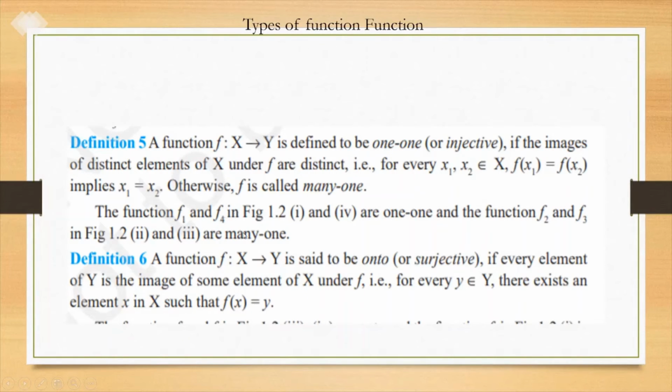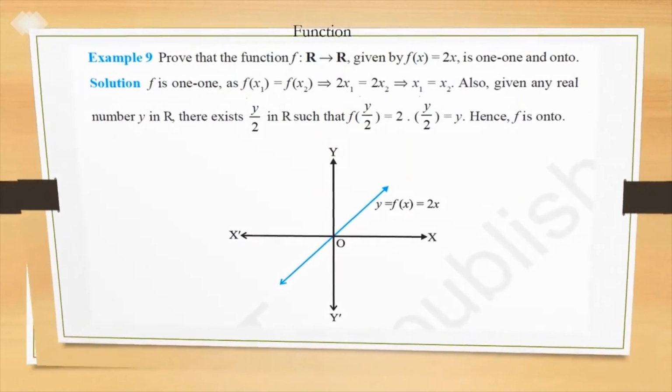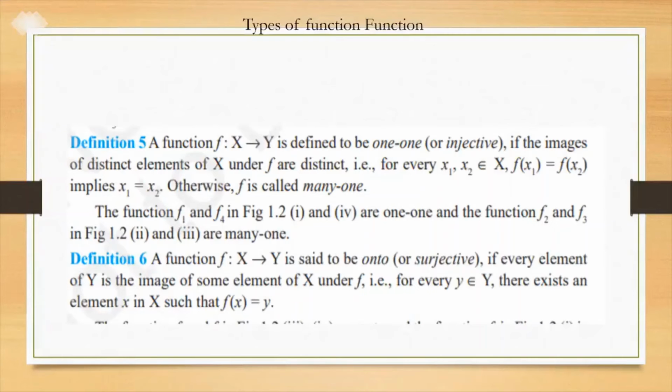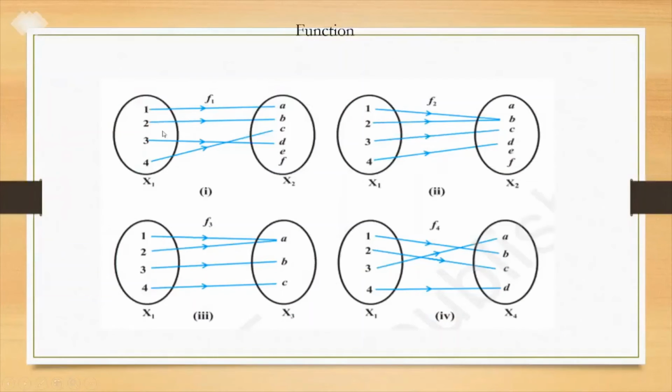So just to go to our previous slide. If x1 and x2 are different, then f of x1 and f of x2 are different. So consider the function f2, right? Everyone see the image of f2. Now 1 and 2 are elements in capital X1.